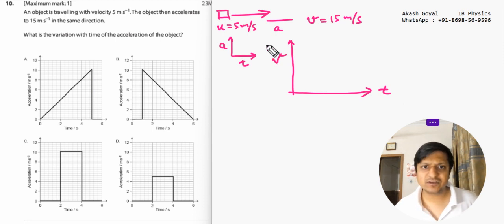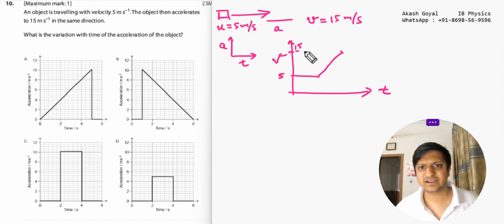So first of all, it says that the object is moving with 5 meter per second velocity, and then it accelerates and it goes to 15 meter per second speed, and then it goes directly. Okay. So first of all, we have to make a graph parallel to VT.